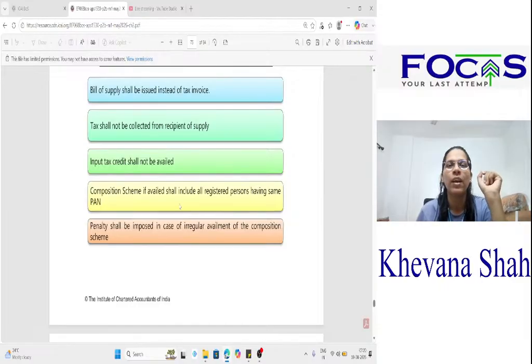Then, composition scheme, if availed, shall include all registered persons having the same PAN. This is again a very important point. Many times questions come on this point. Suppose you have one principal place of business and you have 5 additional places of business.